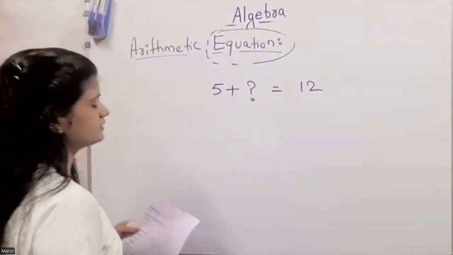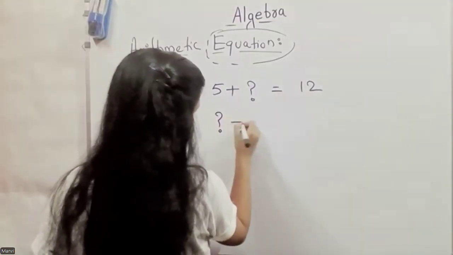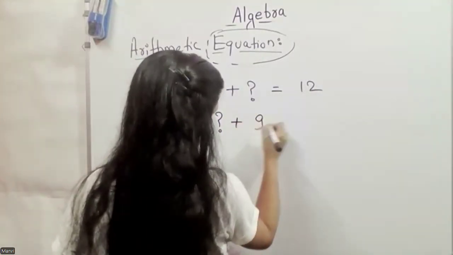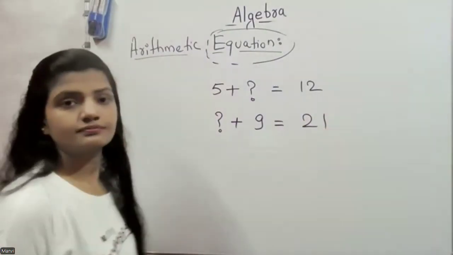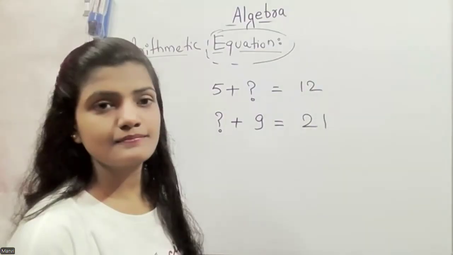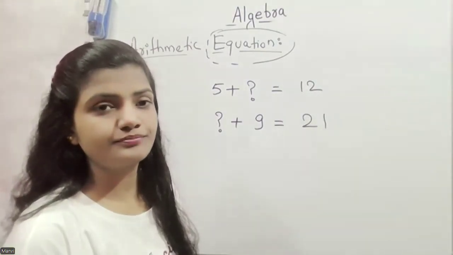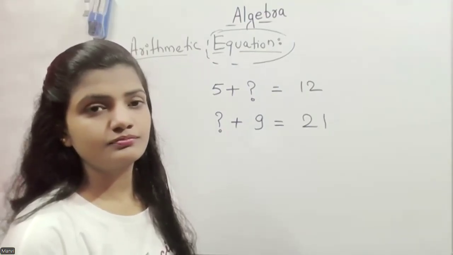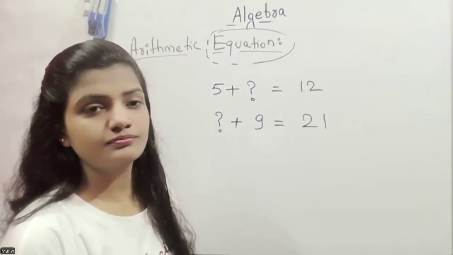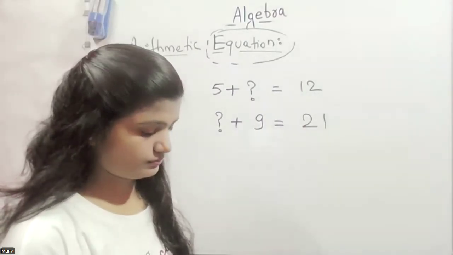Very good. Now, what should be added with 9? So answer will be 21. Added with 9 equal to 21. Yeah. 12.